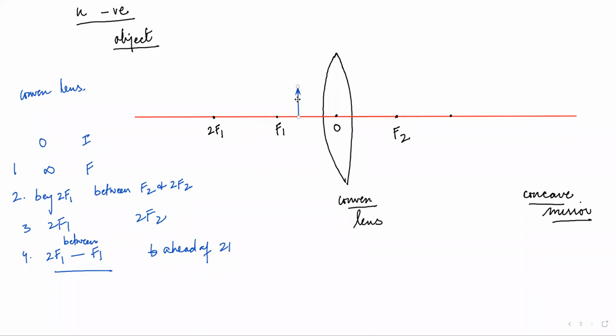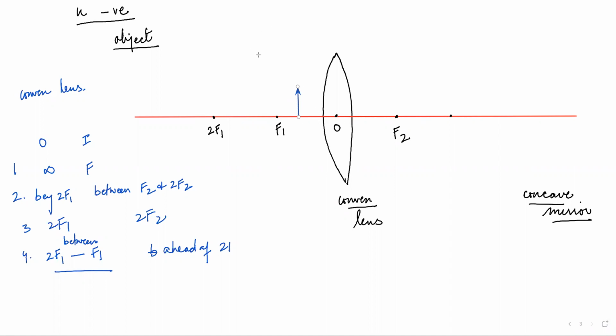So students, I tell you one thing. In case of lens, now you have seen all the cases. Now students, your object is between F1 and O. Don't worry.